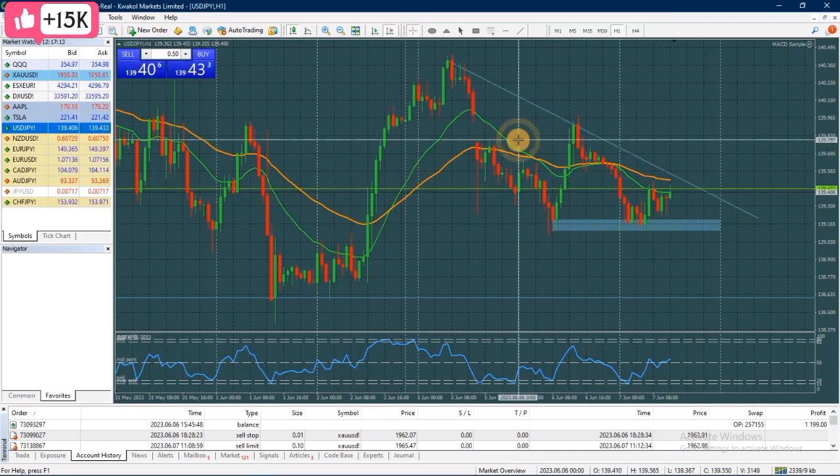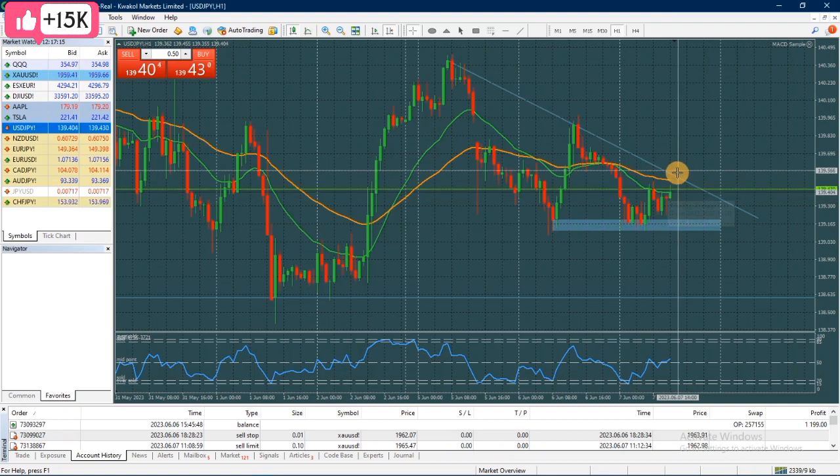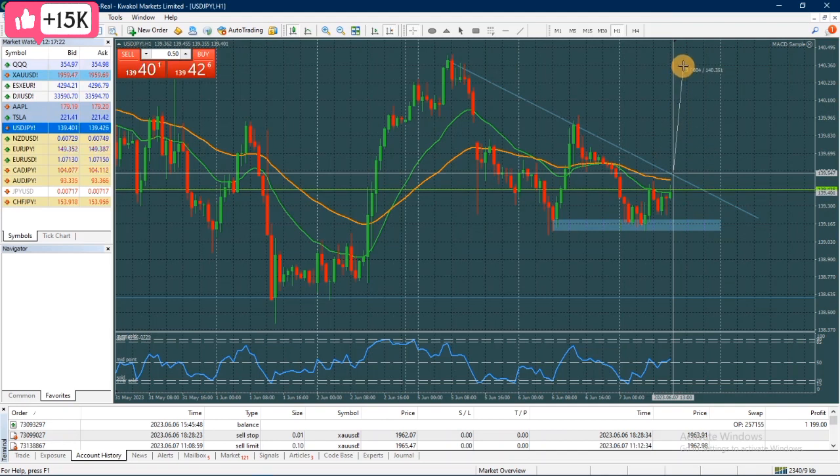The same thing if the market breaks the trend line and I take my buy entry: my target will be 80 pips, which is the previous resistance level. Either I go for 80 pips, or I break even at this 40 pips.